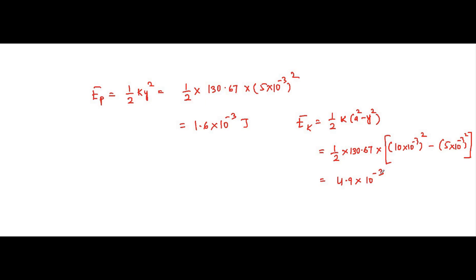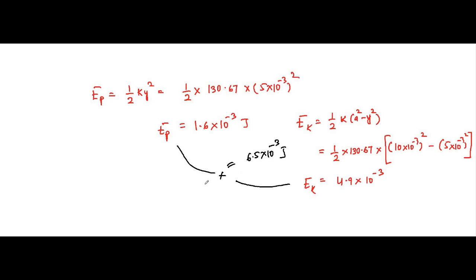Okay, so here this is the kinetic energy, this is the potential energy. Now if we add the potential energy and the kinetic energy, the total will be equal to 6.5 into 10 to the power minus 3 joule.